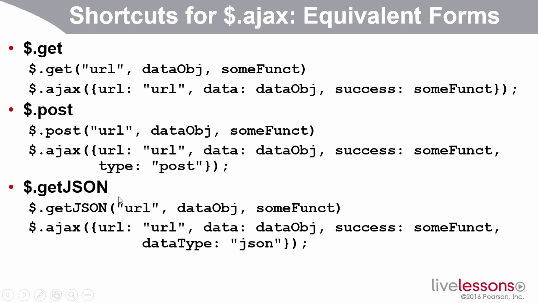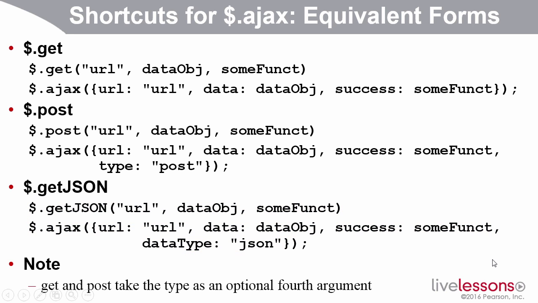You supply a relative address on the server, a data object, and a success handler. And that one line is equivalent to this longer line using $.Ajax. And it should be noted that the type can be supplied as the fourth argument optionally for each of those.